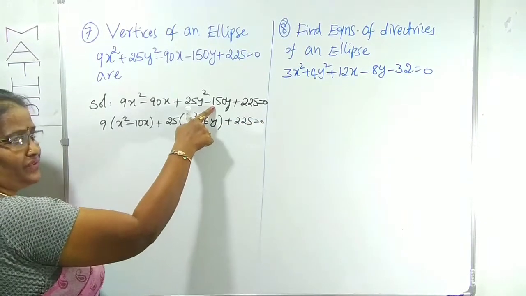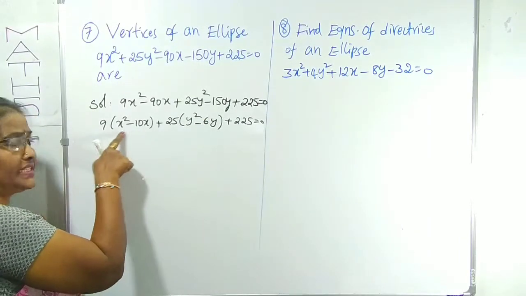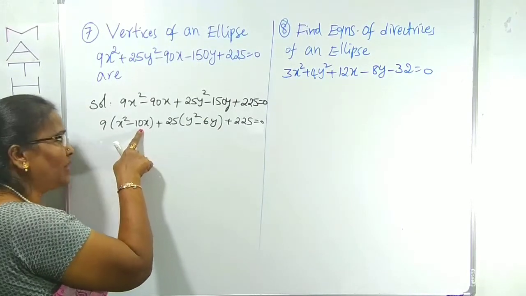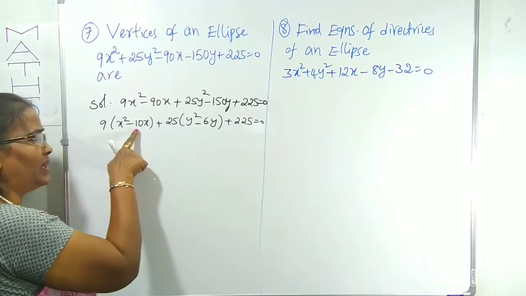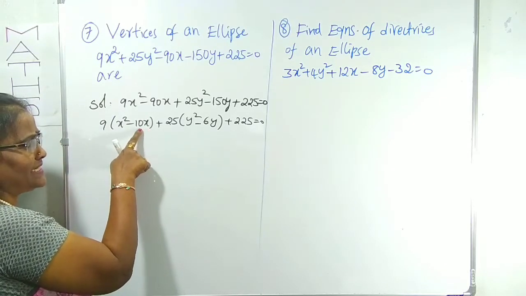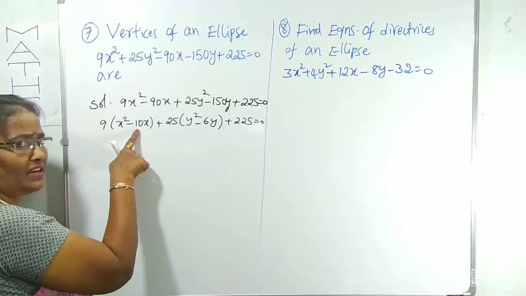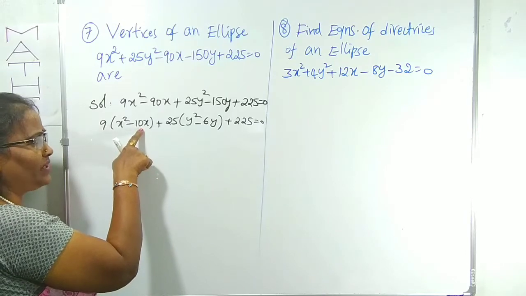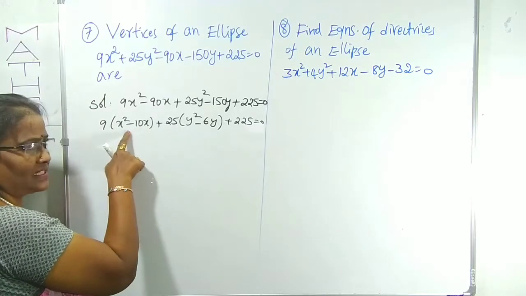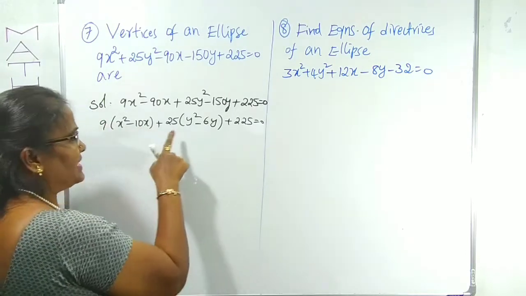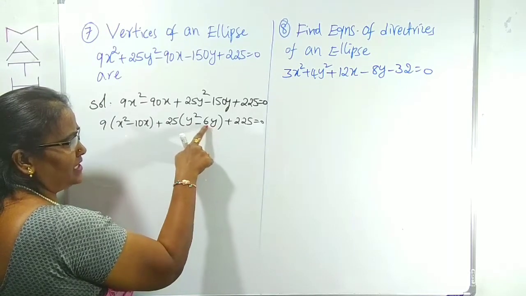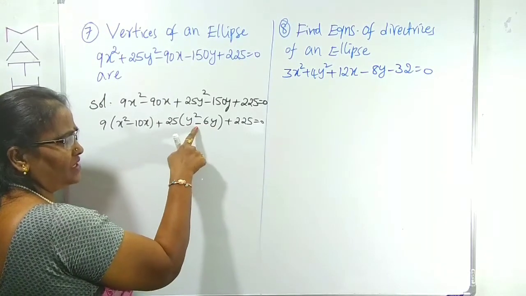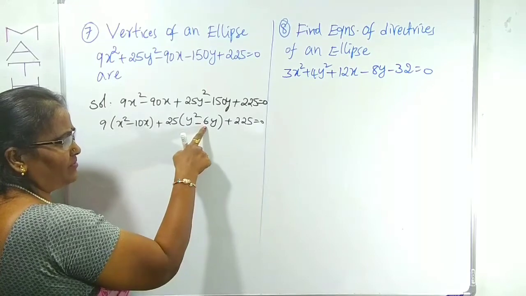25 times 6 is 150. Now we can reduce this into x minus h whole square. To reduce into x minus h whole square, what is the x coefficient here? 10. Half of 10 is 5. 5 square you can add and subtract in this bracket. That one you should remember. Same way, what is the y coefficient here? 6. Half of 6, don't worry about the minus, is 3.